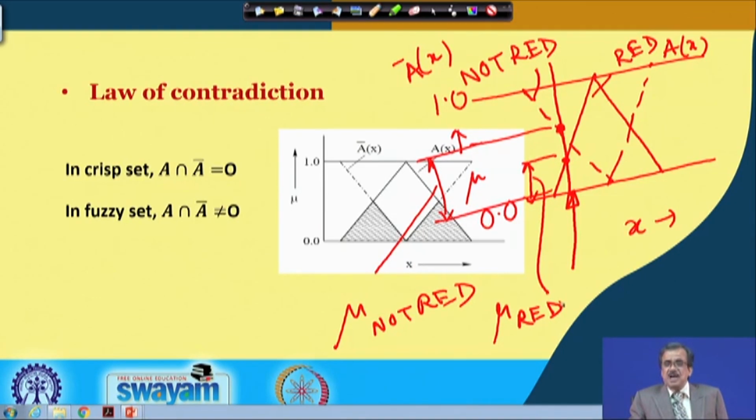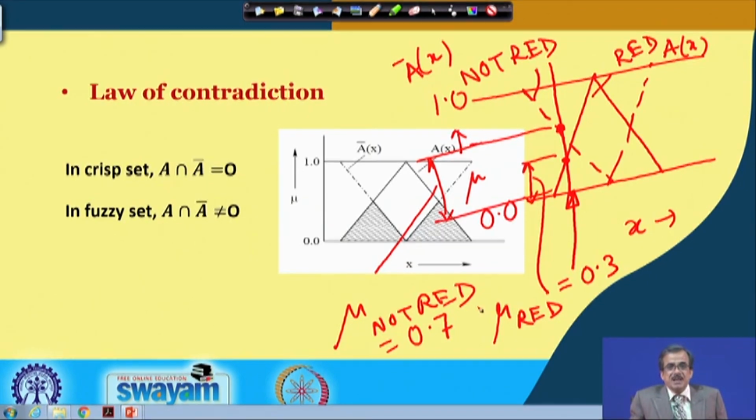Now, let us take a very hypothetical situation. Supposing that this mu red is nothing but 0.3. Now, what will happen to the value of mu not red if it is a triangular distribution? So, this will become 0.7. Now, let me give the statement.